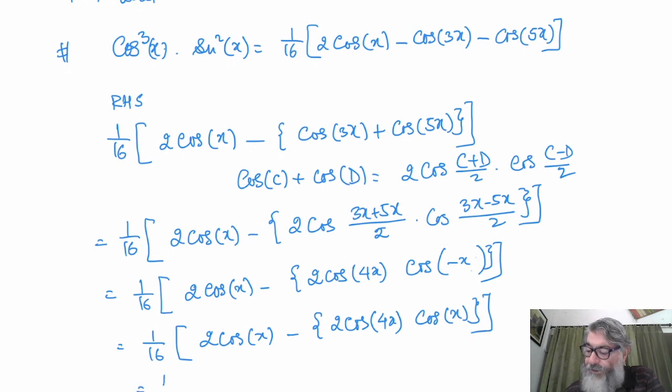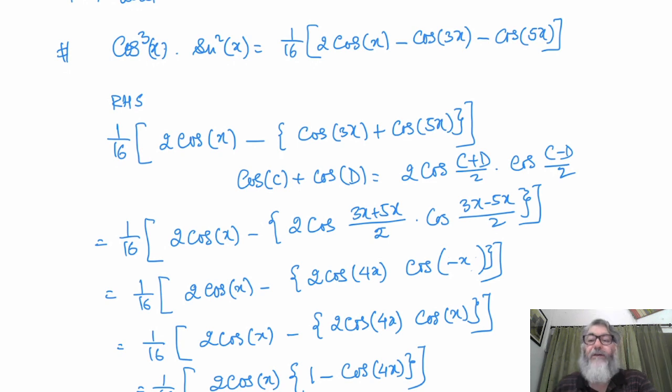So 1 upon 16 is outside, and if you realize I can take 2 cos x common. I can take 2 cos x common and it will be left 1 minus cos 4x. Actually it can be 1 upon 8 cos x, and it will be left here 1 minus cos 4x.